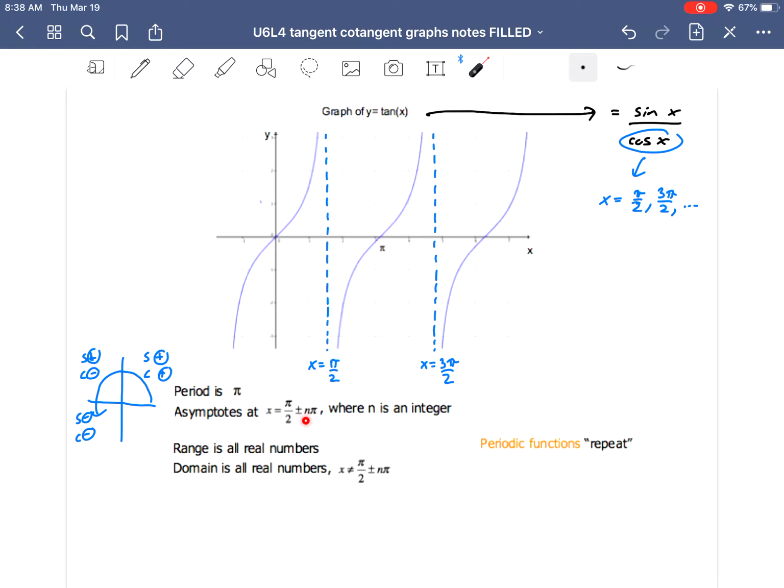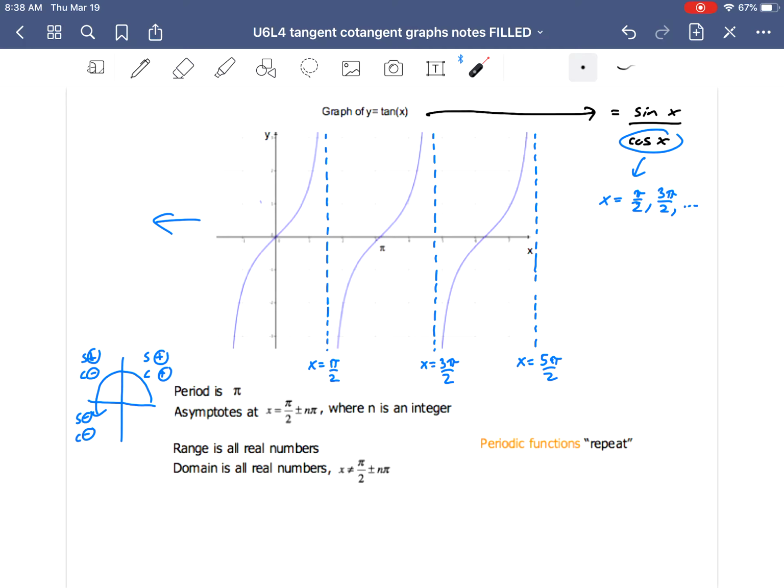If I make n equal to 2 and I take pi over 2 plus 2 pi, that's going to be 5 pi over 2. So this next asymptote over here is going to be at x equals 5 pi over 2. And we could also do the same thing going to the left into negative angle values. Hopefully that makes a little bit of sense.